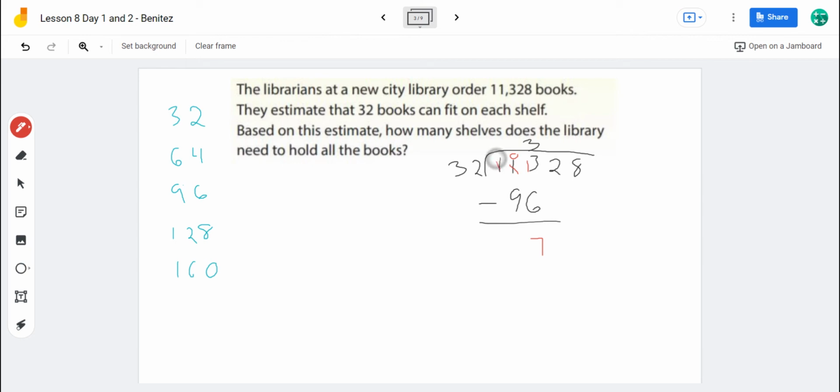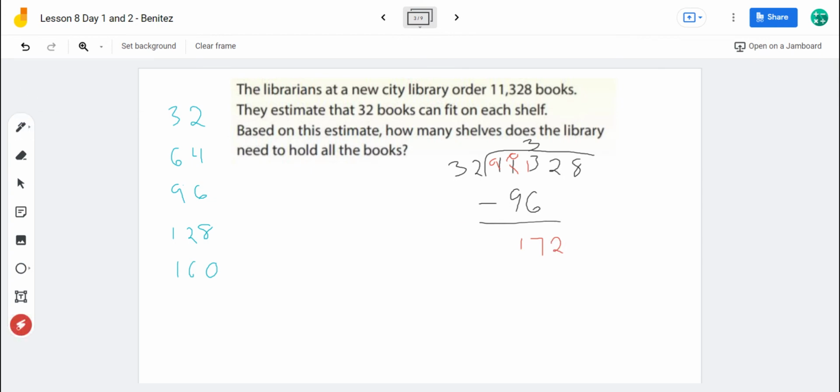Regroup. This is going to become a 0. That's going to become a 10. 10 minus 9 is 1. Bring down the 2.